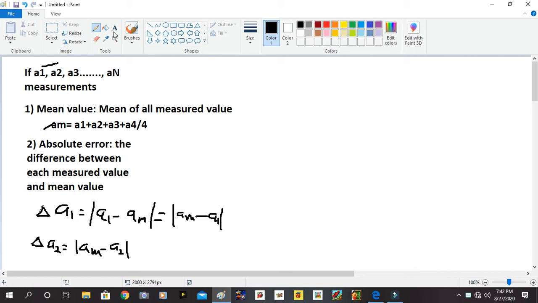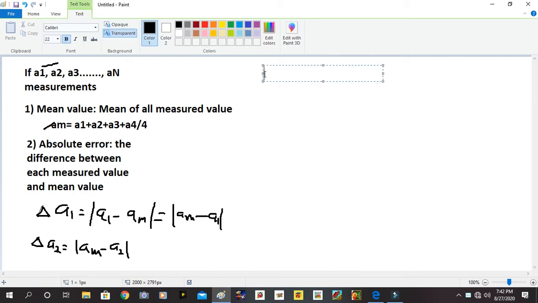Then the third value we need for estimation is the mean absolute error. Again it is the mean of all the absolute errors. So how will you find that mean? It is again simple.